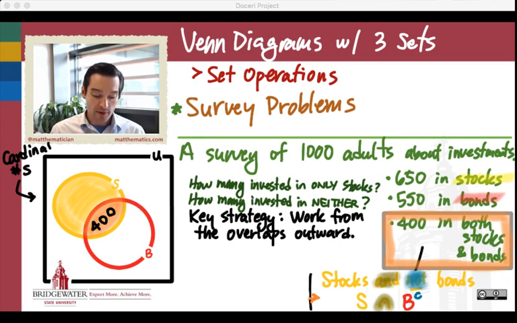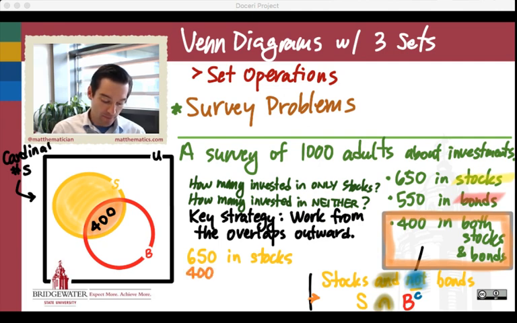Now, we know that there is a total of 650 people that are in the yellow circle. They're invested in stocks. 650 in stocks. And we also know that there's 400 people that are in both stocks and bonds. So if I want to know how many people are only in stocks and not bonds, they're going to make up the difference between these two.